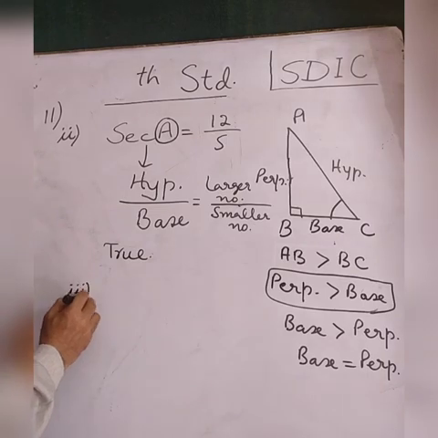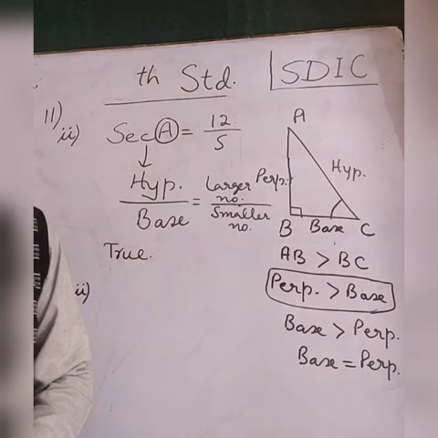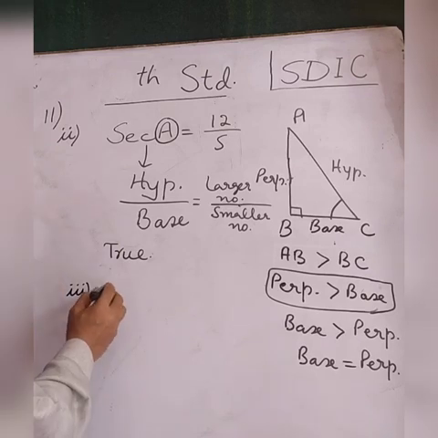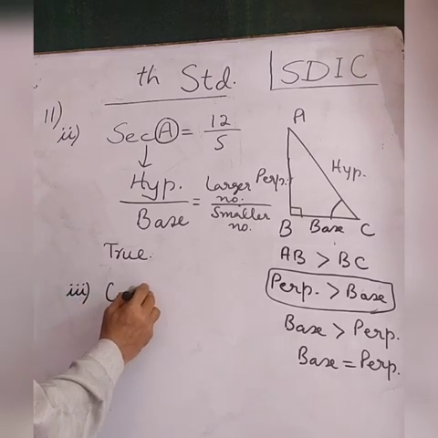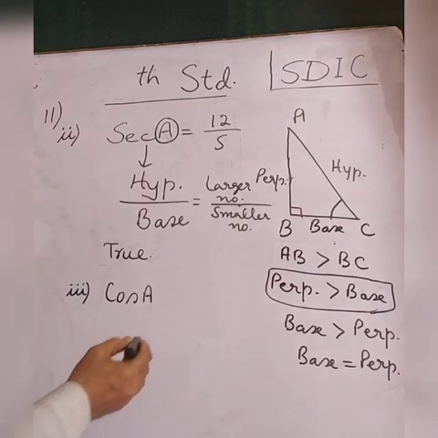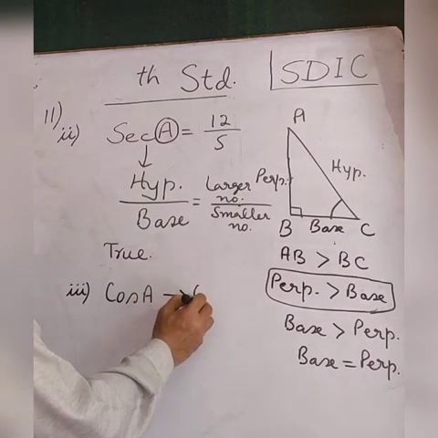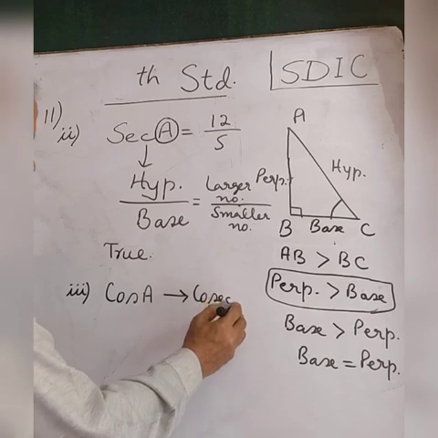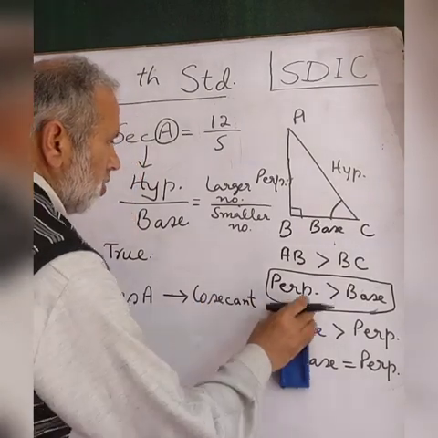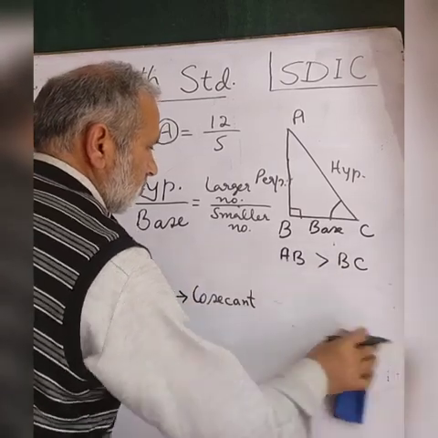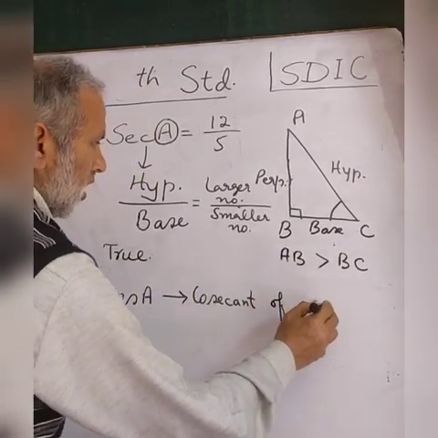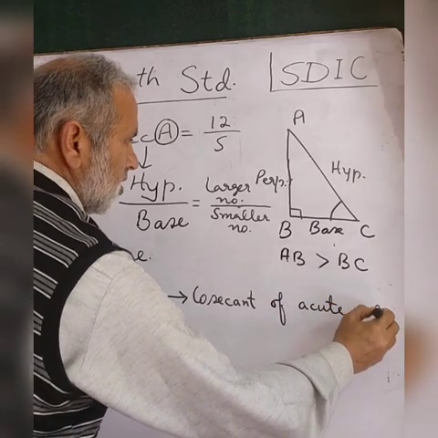Coming to the explanation of part number 3. In the third part, we have cos of A. As per the statement, it is the abbreviation used for cosecant of acute angle A. This is given to us.